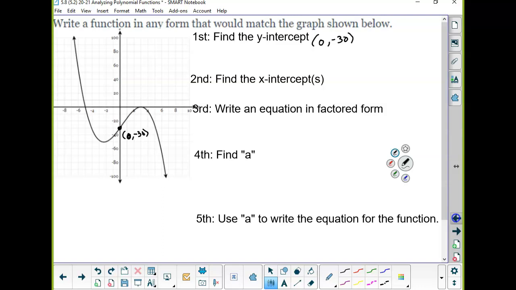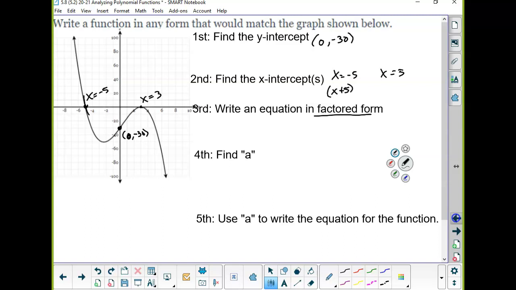Okay. What are the x-intercepts? Well, this one crosses at x equals -5, and there isn't a multiplicity because it goes through the x-axis there. So I know that x equals -5 is one answer, and x equals 3 is the other. But to write this in factored form, I need the factors of those.